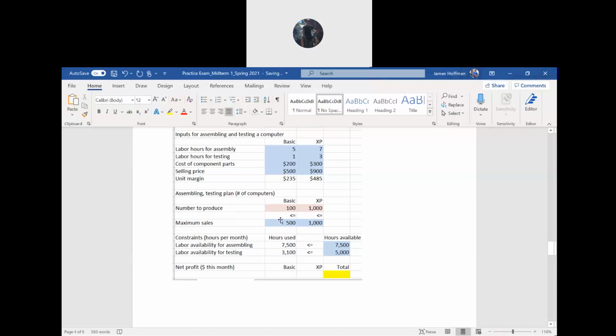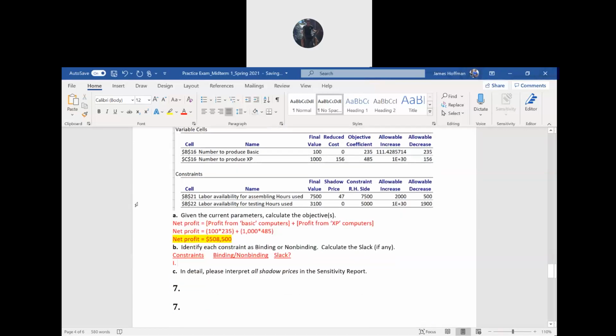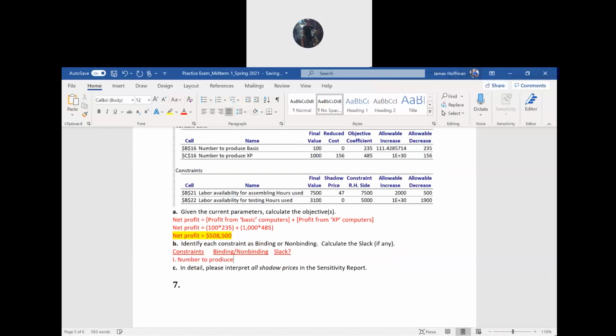So the first 2 are going to be number to produce basic, less than or equal to number to produce max sales, and the same for the XP. Okay, so that's the first 2.